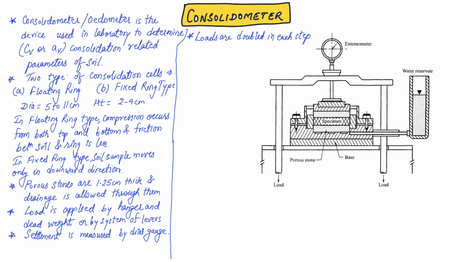That means every time the load is doubled. The load intensities commonly used are 1/4, 1/2, then 1, then 2, 4, 8, and 16 tons per square feet. Or it can be also 25, 50, 100, 200, 400, 800, and 1600 kilonewton per meter square.